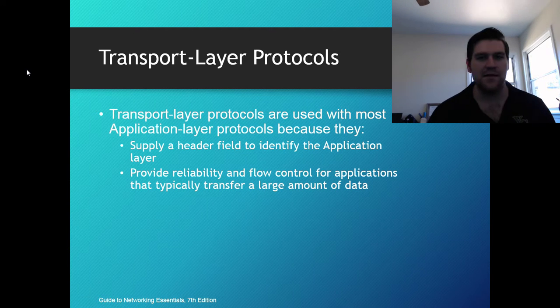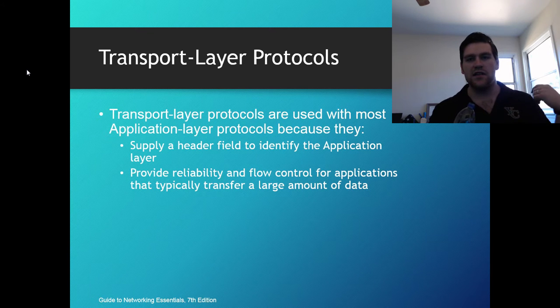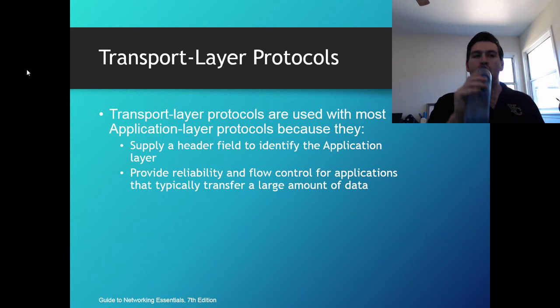We know that is the maximum Ethernet frame size, and that maximum frame size is used by a number of different networking technologies. So at the transport layer, data is broken up and reliability takes place here.